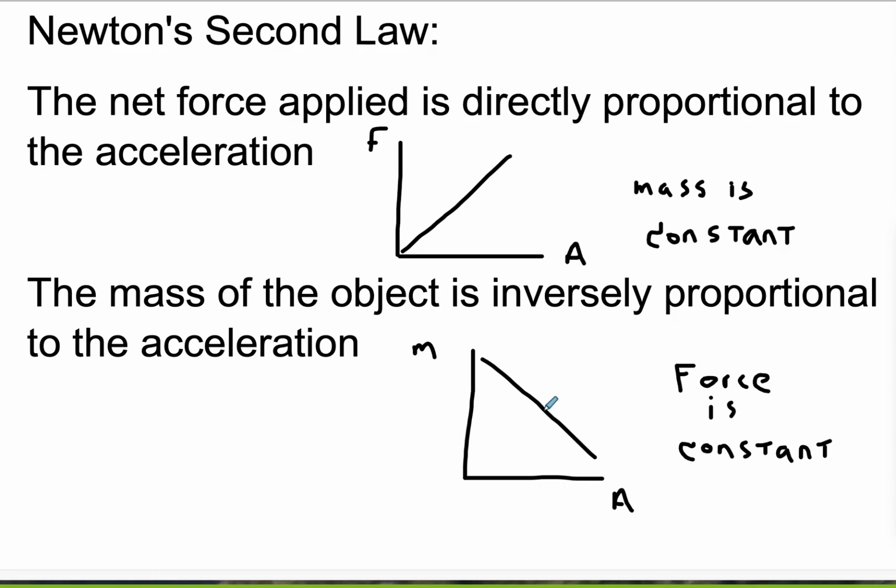Because the motorcycle has a smaller mass. So when the force is applied to it, it's down here. When it has a smaller mass, when the force is applied to it, it has a bigger acceleration. It gains speed at a much faster rate. The semi-truck, its mass is really big. So when the force is applied to it, its acceleration is really small. It gains speed at a much lower rate. So you kind of get stuck behind it.